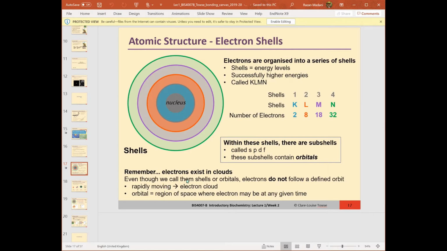Remember, electrons exist in clouds. Even though we call them shells or orbitals, electrons do not follow a defined orbit because they are rapidly moving, which forms the electron cloud. If you know the newer electron model, you know how complex it looks. The electrons are always moving in different directions, and that forms an electron cloud.